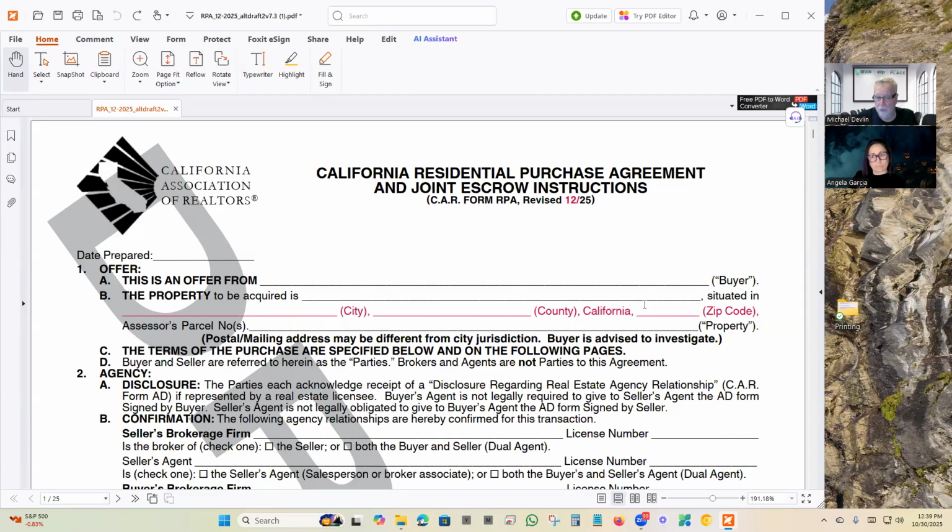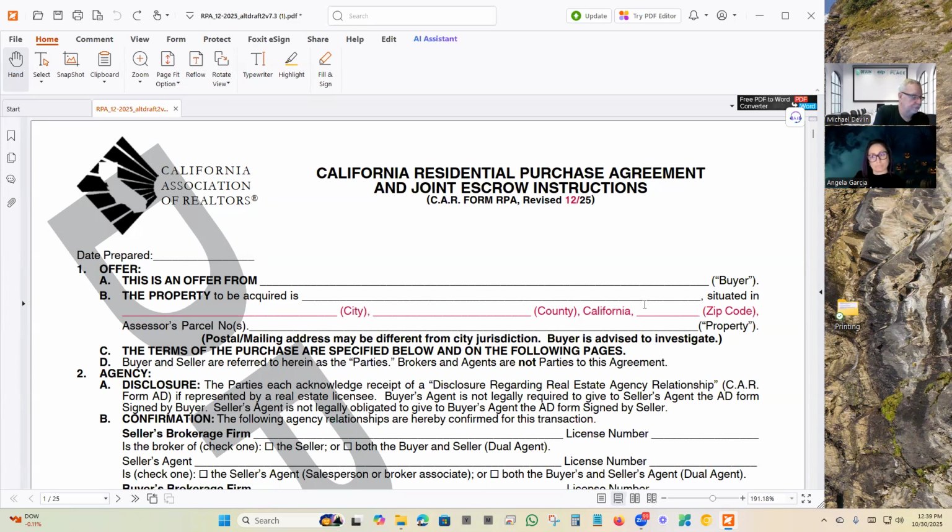So there could be more than one assessor's parcel number. How would that happen? Let's say somebody bought two legal lots next to each other and built one big house in the middle. It's going to have a street address, but it's going to have two APN numbers.